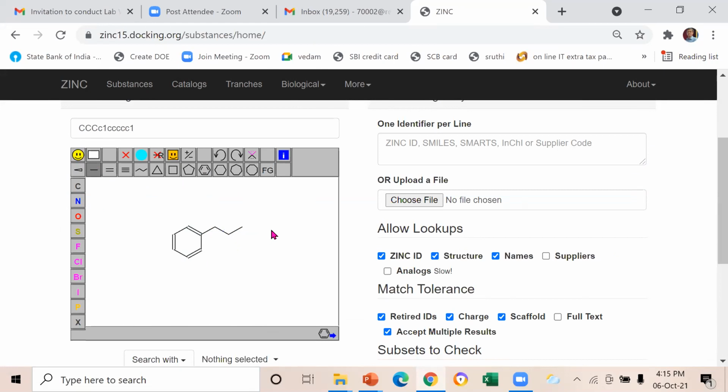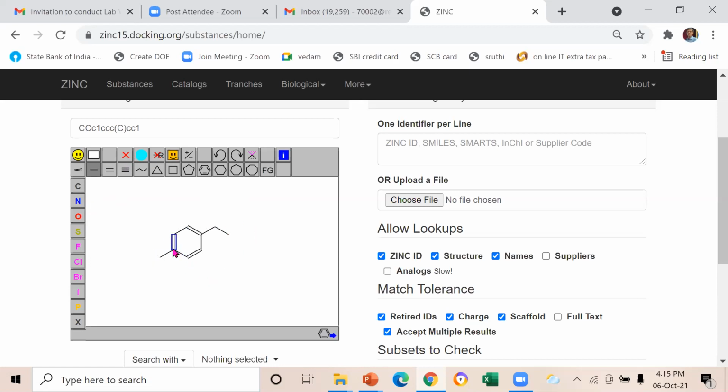So you can draw structures, and then we can search. For example, I want to do a search whether molecules with this substructure are there in the zinc database.